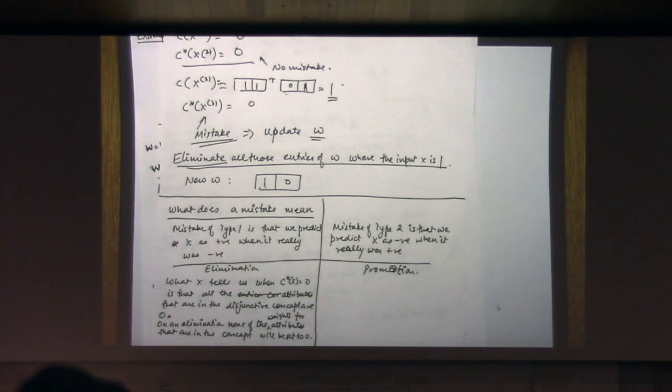Yes, go ahead. Why do we do promotion, instead of doing only elimination to get to the correct W? So you do want to eliminate, but you also want to promote, because then you will converge to your right answer quickly.